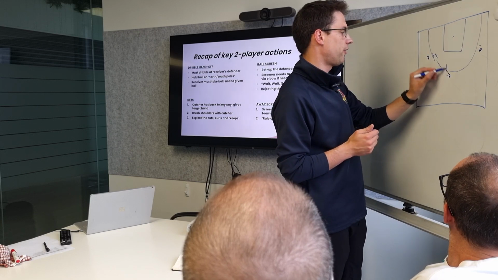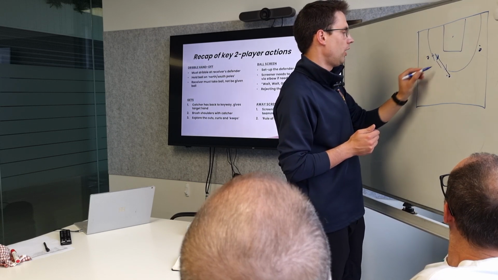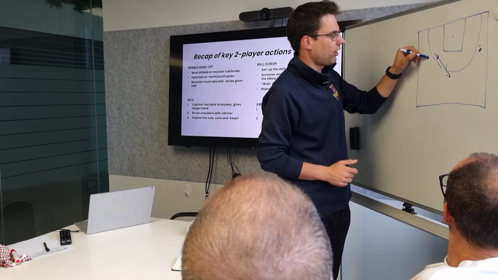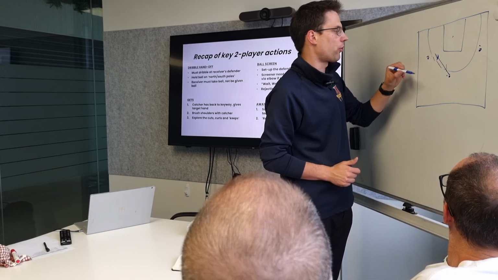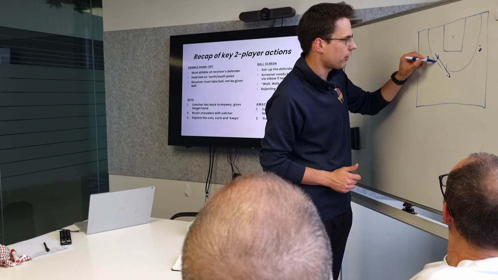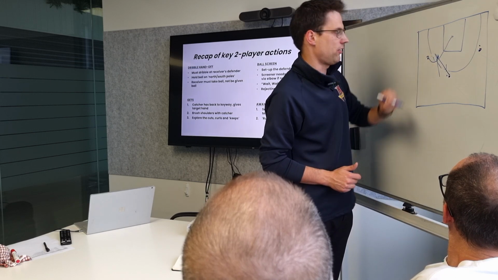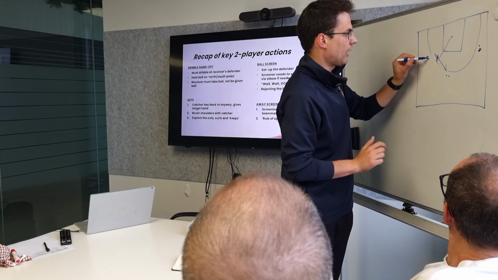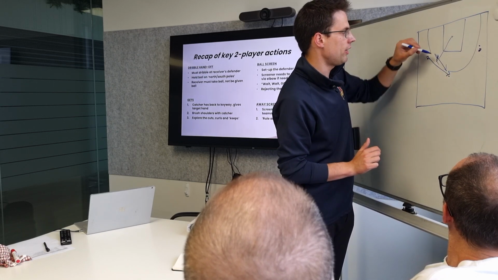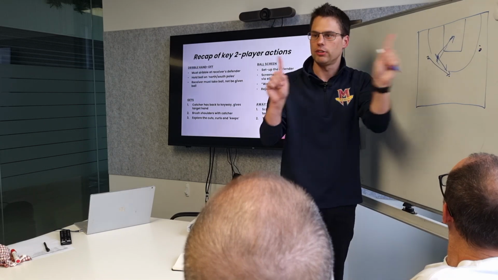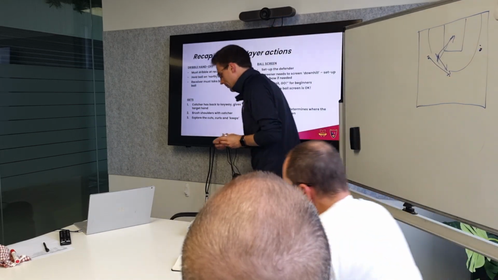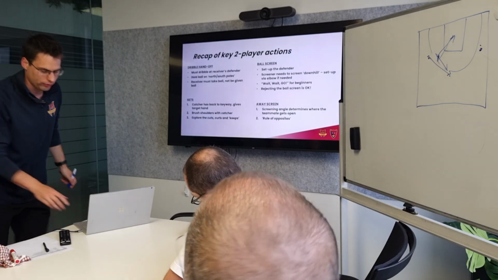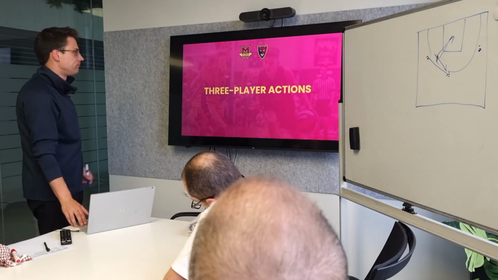And I'm setting a screen for my teammate over here, okay? One of us has to go to the basket and one of us has to go to the 3-point line. So that means if this player curls, the screener's got to come back to the 3-point line, okay? If this player had come off the screen and sprinted up to the 3-point line, then this player's diving to the basket, okay? But either way, we're getting one going one way, one going the other way. That's the rule of opposites we'll see as we go along.